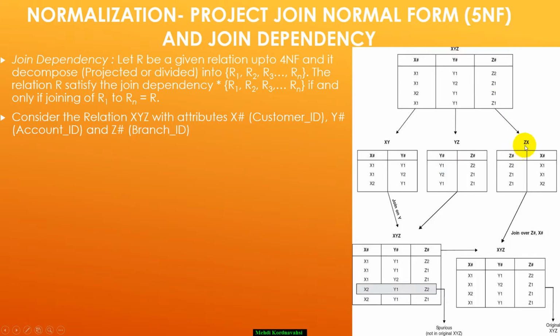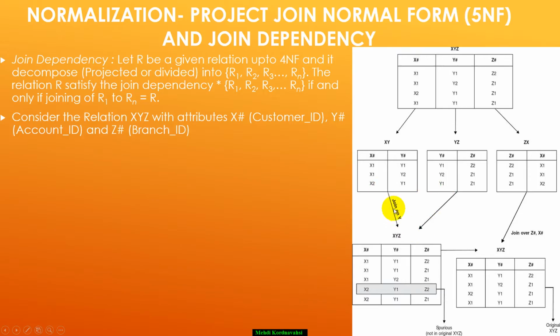Again, in zx, z2, x1, z1 and x1, z1 and x2. z1 and x1 is a duplicate record, so we decompose the original into three separate relations, and then we will try to join.